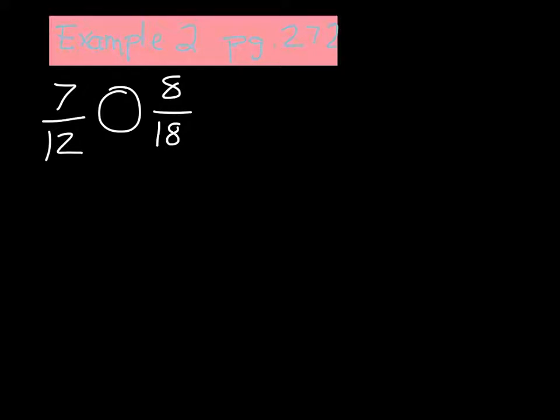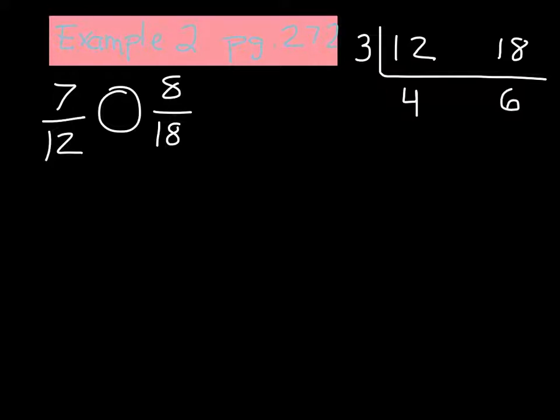I'm going to use the little trick that we just learned to figure out my least common denominator. So a number that goes into 12 and 18, I'm thinking of 3. 12 divided by 3 gives us 4. 18 divided by 3 gives us 6.